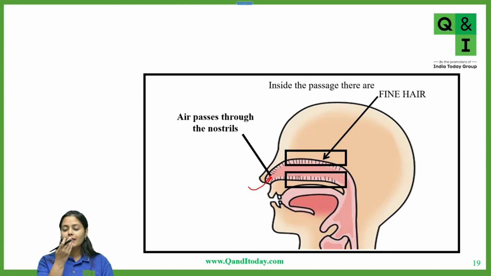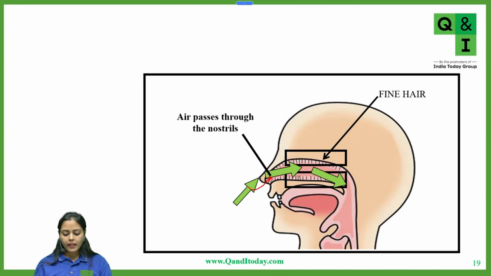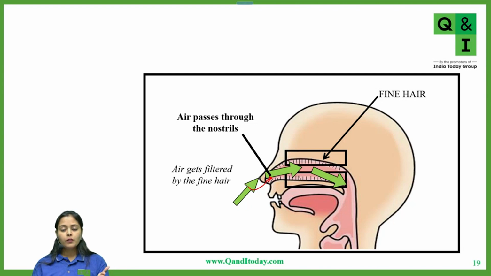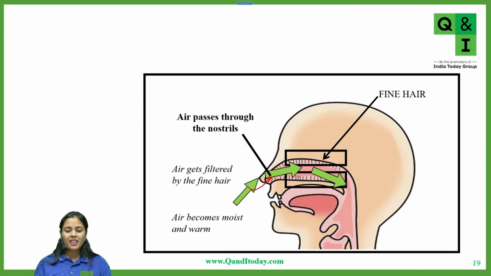Okay, you'll see that you have hair lined up inside your entire nasal cavity. Okay, thankfully, yes. So what's the role of these fine hair? The air is entering inside through the nose, and these fine hair filter the air.